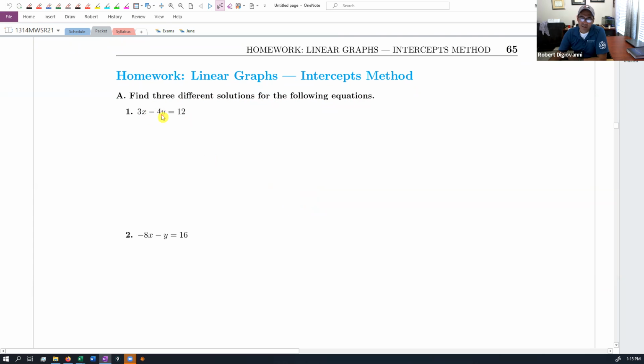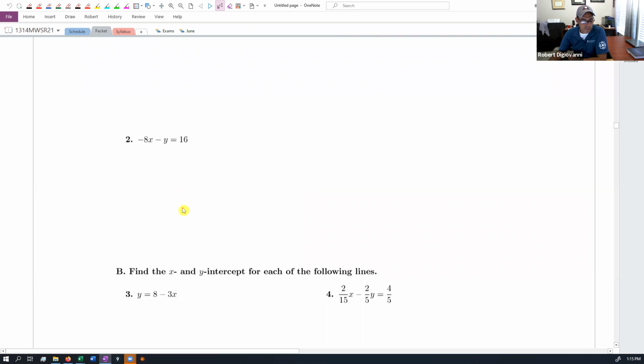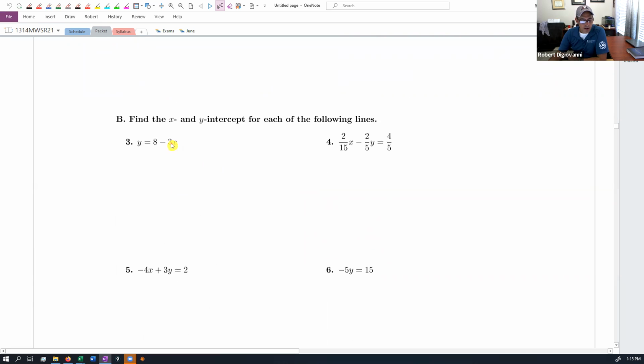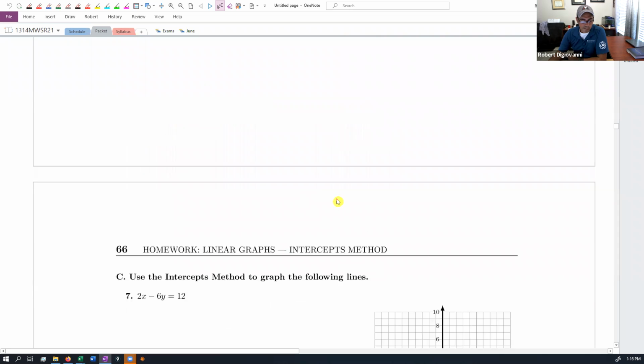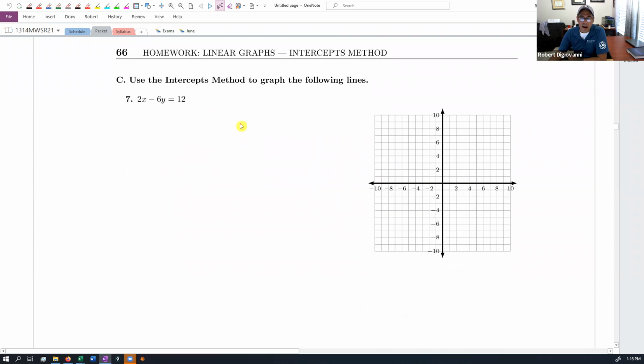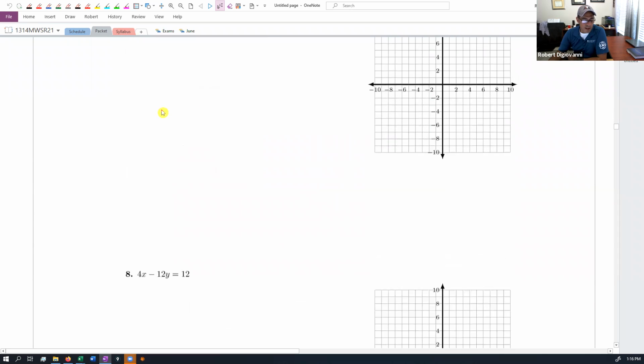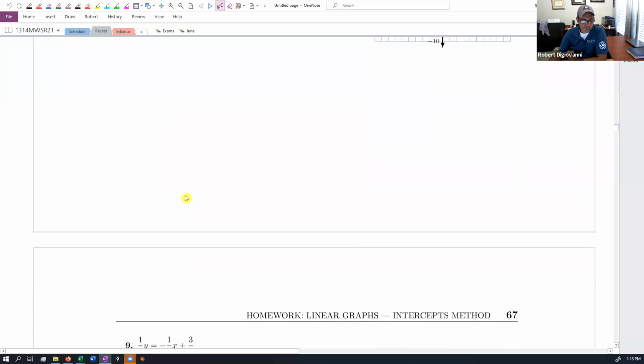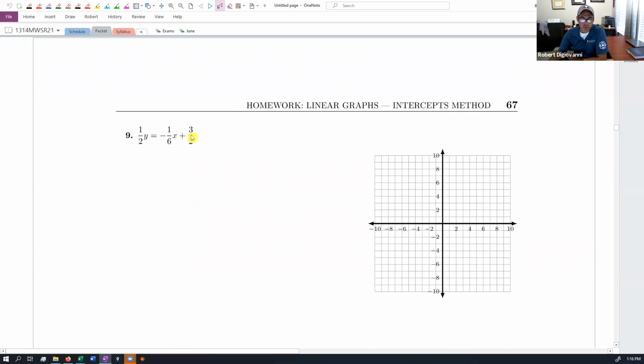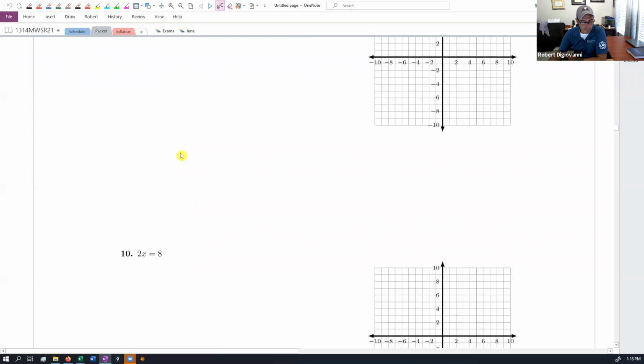So you're just going to pick some x's and y's that make this work. This one, same thing. Here it says find the x and y intercepts for the following. To find the x-intercept, you let y be 0. To find the y-intercept, you let x be 0. And then you start graphing. So this is kind of like the problems I gave you to work on. Here, see, this one has fractions in it, so be careful.